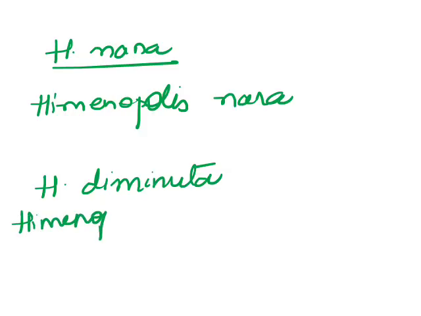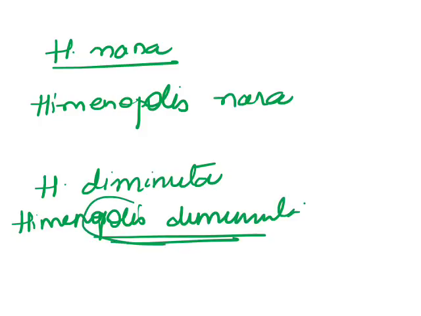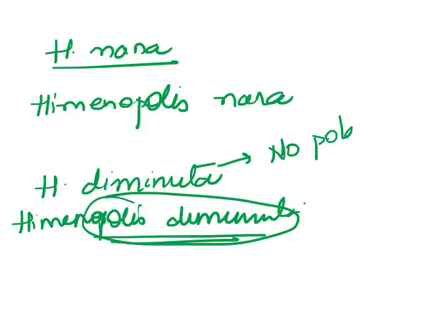Again for a mnemonic, Hymenopolis diminuta. So diminuta, that is the polar filaments are diminished, that is they are absent. So in H. diminuta there would be no polar filaments.